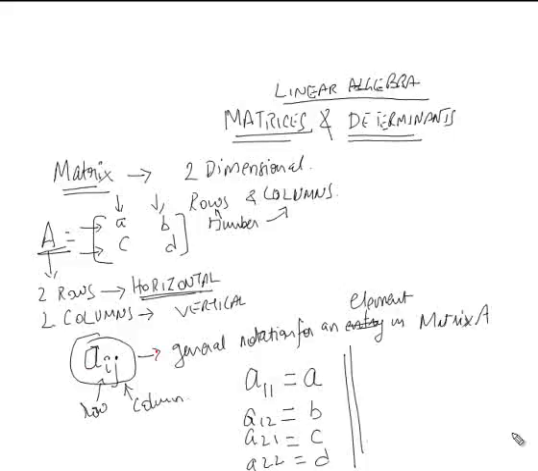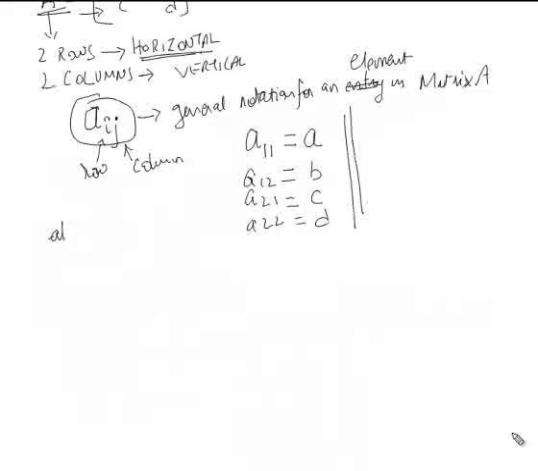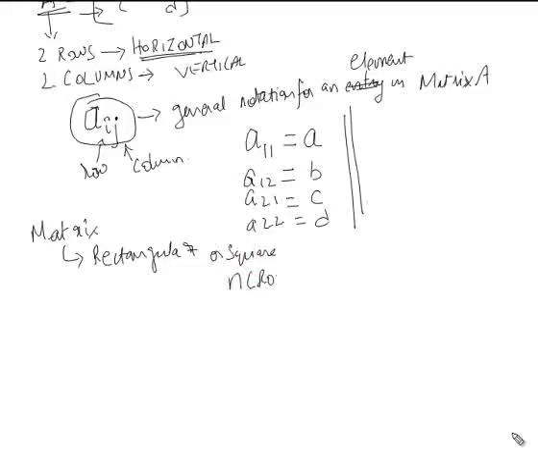Clear? And one important thing we need to understand: there is no restriction on a matrix. It can be rectangular or it can be square. Square means the number of rows is equal to the number of columns.